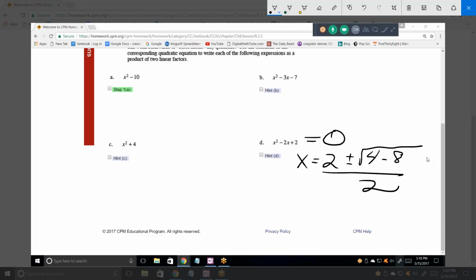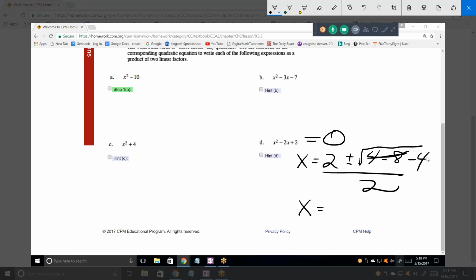Simplify that. x equals 2 plus or minus the square root of negative 8. Not negative 8, I think it's negative 4, isn't it? Yeah, negative 4. Now simplify that.